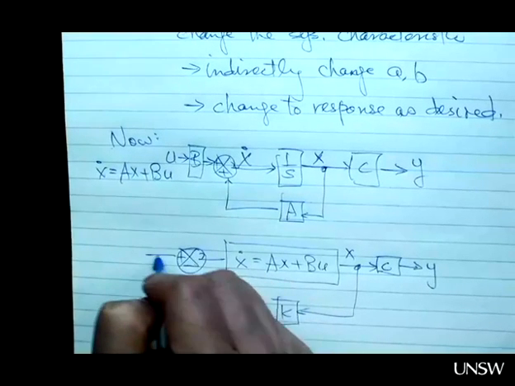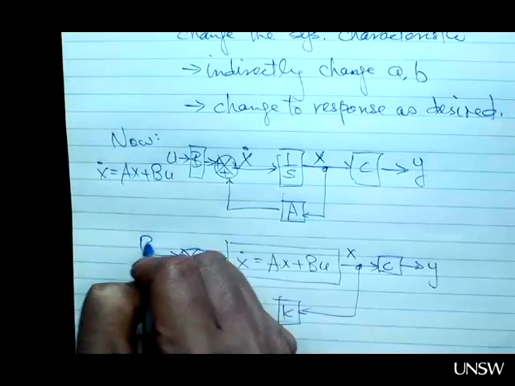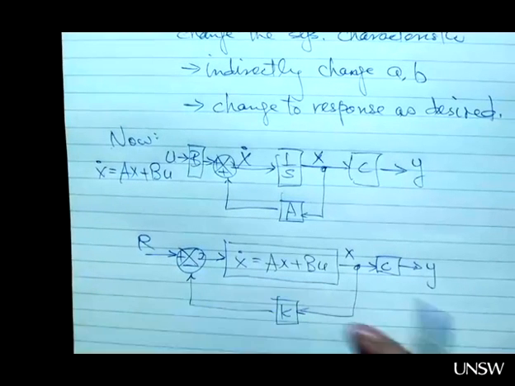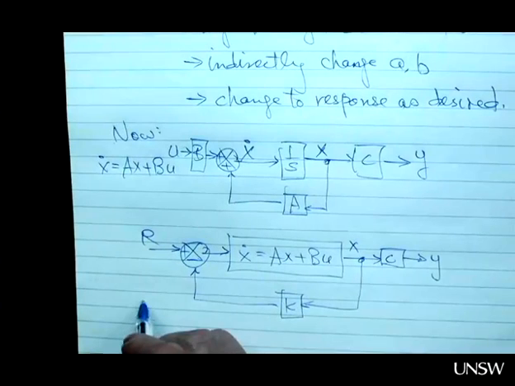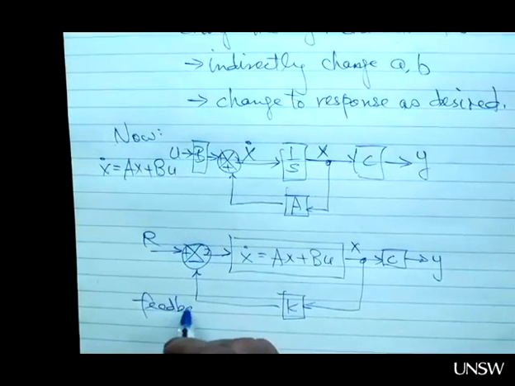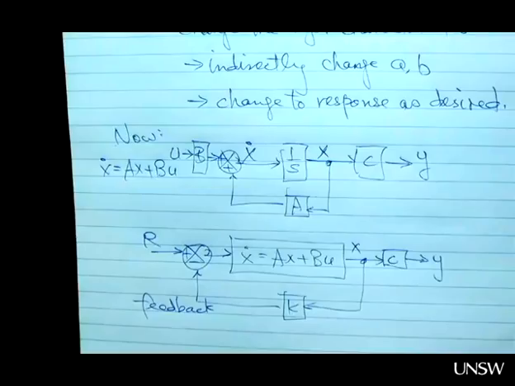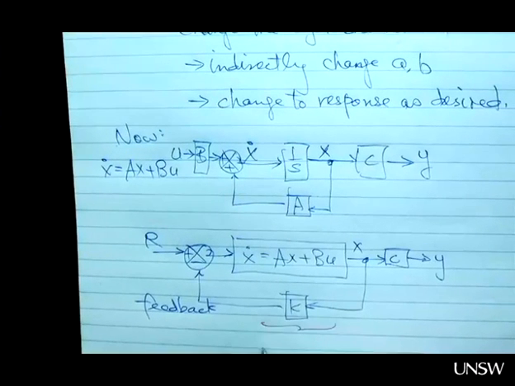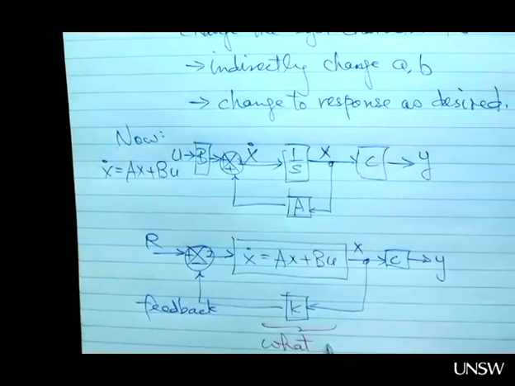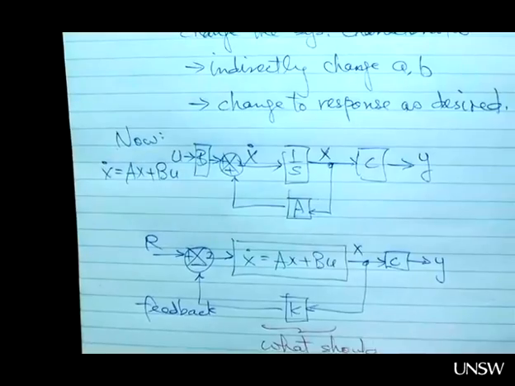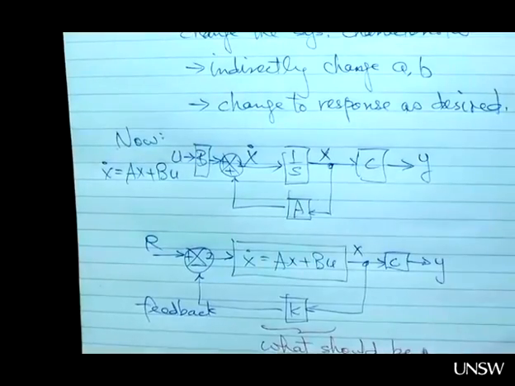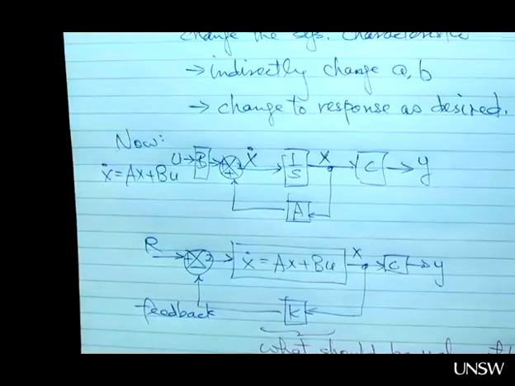This is the input. And then we have the feedback. Then we have to determine, so what should be the values of K. Right?